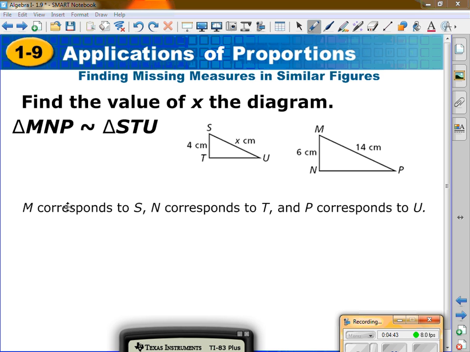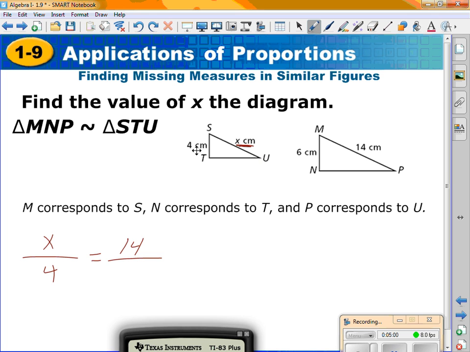All right, x, I can do x over 4 equals. Now, by me picking this right here, what does x correspond to on the other one? 14 over, what does 4 correspond to? 6.